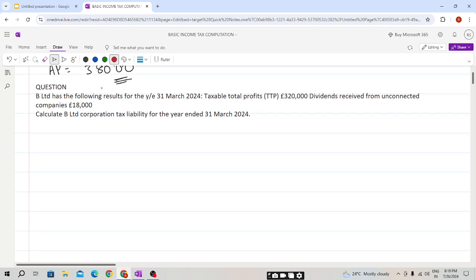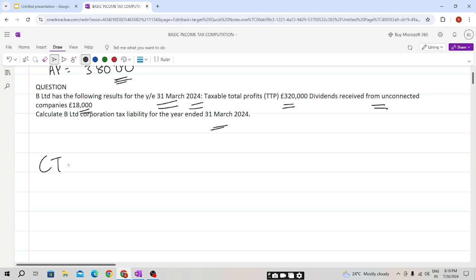Now moving to the second question. B has the following results for the year ended 31st March 2024. So this is the accounting period, 12 months. The taxable total profits are 320,000. Dividend received from unconnected companies is 18,000. Calculate B Limited's corporation tax liability for the year ended 31st March 2024.